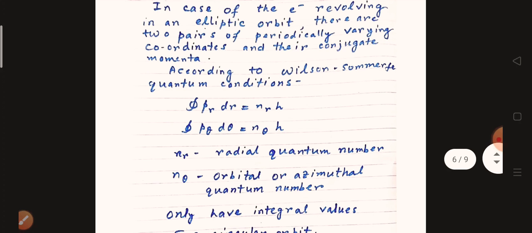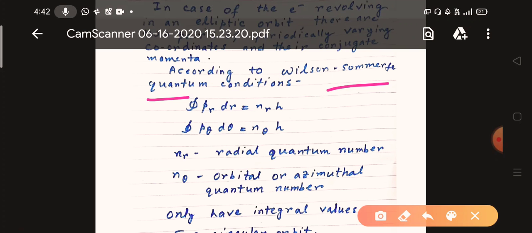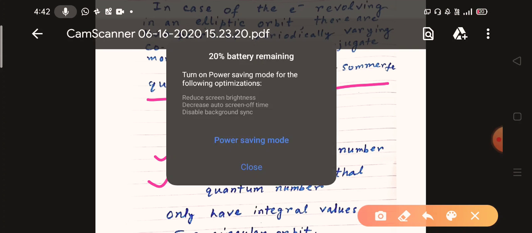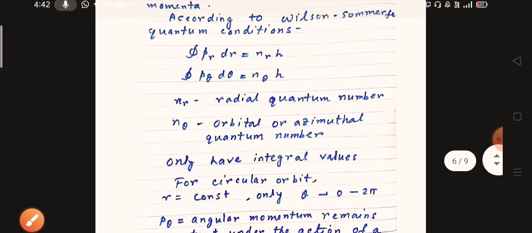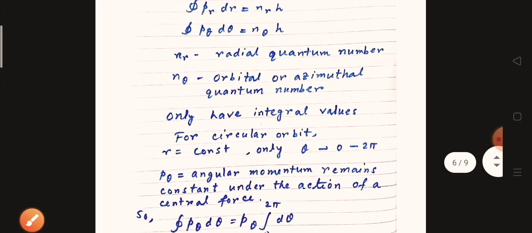According to the Wilson-Sommerfeld quantum condition, the closed integral over p_r dr equals n_r h, and the closed integral over p_theta d theta equals n_theta h, where n_r is the radial quantum number and n_theta is the orbital or azimuthal quantum number. These can have only integer values.